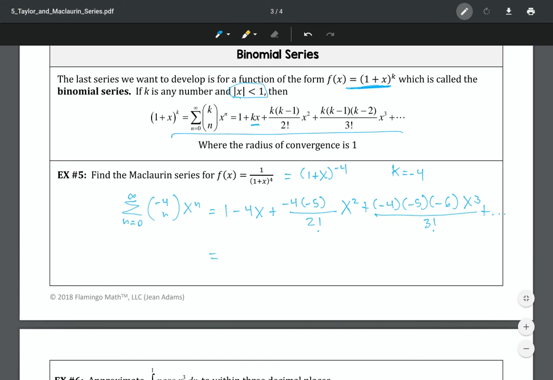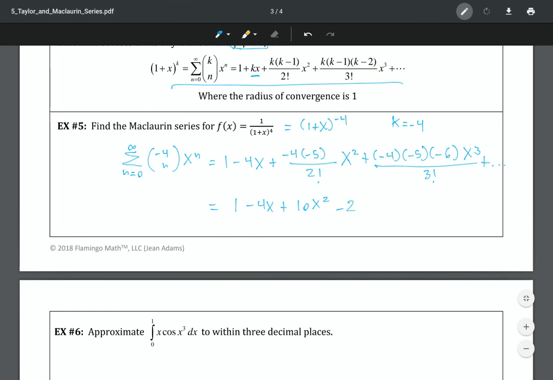Or if I were to simplify that, I get 1 minus 4x. Remember, on top here I have 20, and 20 divided by 2 factorial is 10. And then right here, remember 3 factorial is 3 times 2 times 1, so that's 6. So this is going to give me a negative 20 over 3 x cubed, and it just keeps going.